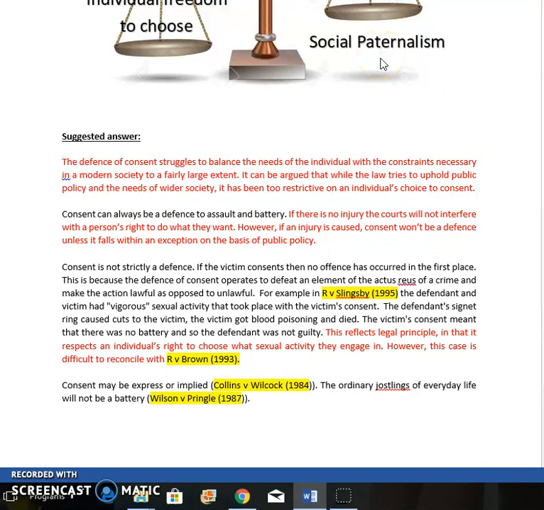And it can be argued that while the law tries to uphold public policy and the needs of wider society, I do think that it has been too restrictive on an individual's choice to consent, particularly when we look at the case of Brown, for instance, a little bit later. So I'm going to go through the rules on consent, evaluating as I go.